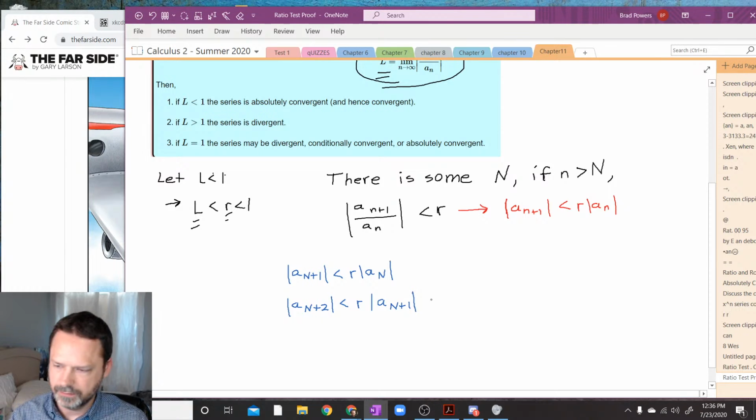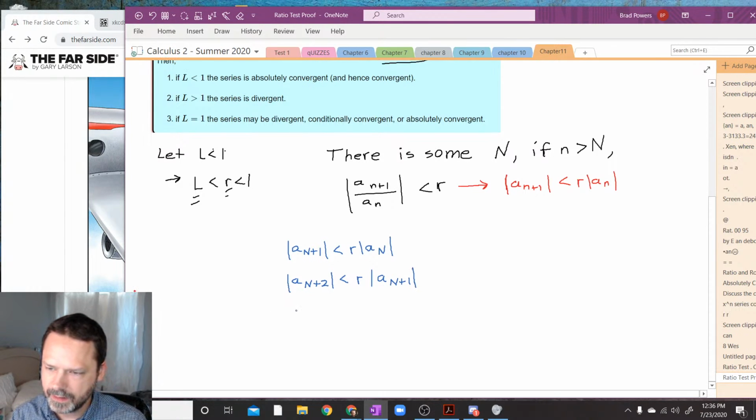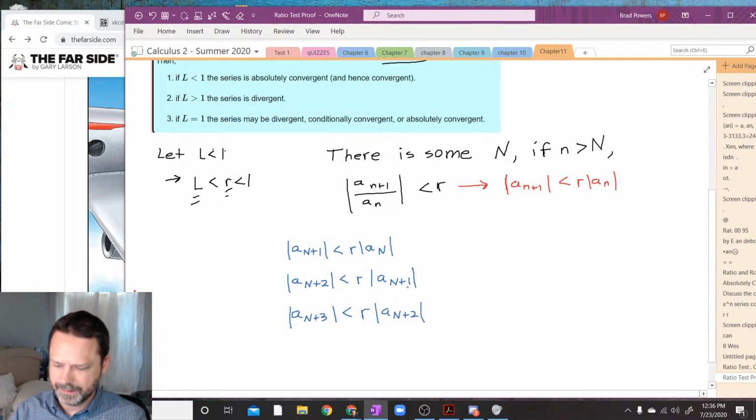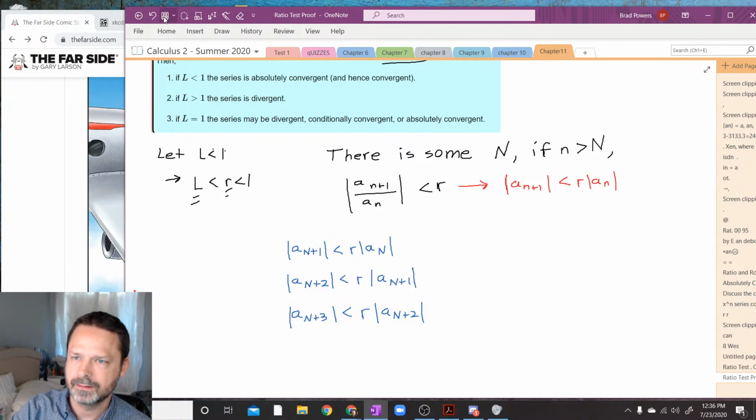Why wouldn't that be true? That would also be true, right? And we could say a sub capital N plus 3 is going to be less than r times a sub capital N plus 2. Anyway, where am I going with this? I'm going somewhere.